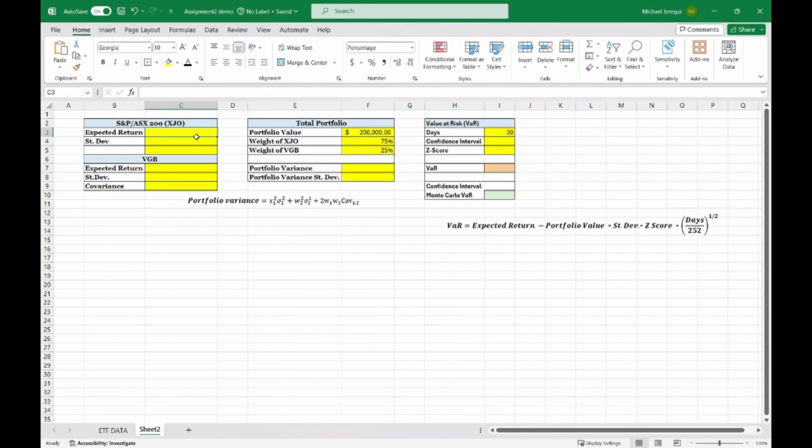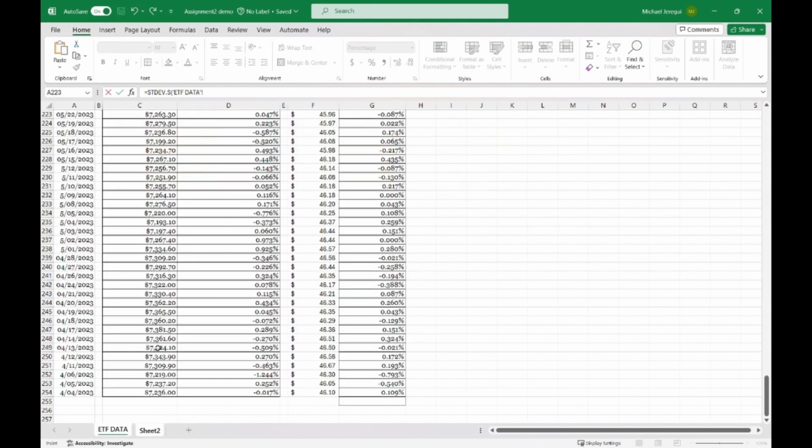We will now find the expected returns and standard deviations. As per the question, the ASX 200 expected return is around 13.2%. For the standard deviation, we'll use the Excel formula STDEV.S applied to the daily returns for the previous year, then annualize it by the square root of 252.